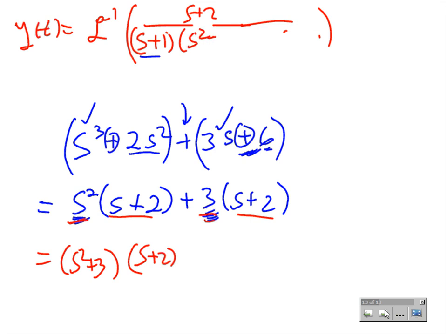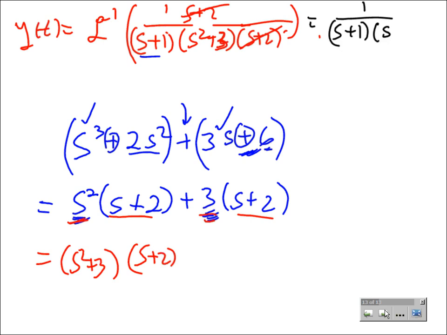It equals s squared plus 3 times s plus 2. Then you say, oh, the s plus 2's cancel. So let's write down very carefully what survived. 1 on top, s plus 1 times s squared plus 3 on the bottom.